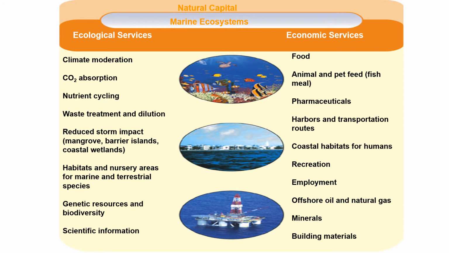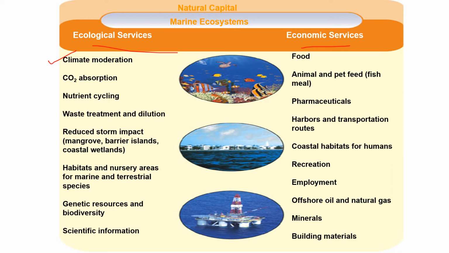Now, if we look at the services provided by the marine ecosystem, there are lots of services, so many that we cannot fit them in a slide, so we divide them into two parts. One is the ecological services and one is the economic services. For ecological services, the world climate is basically controlled by the global ocean, like El Nino and La Nina.